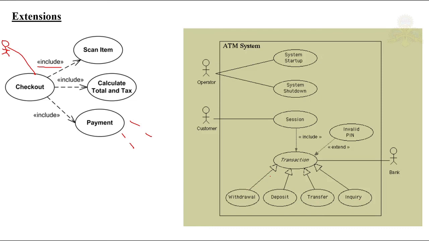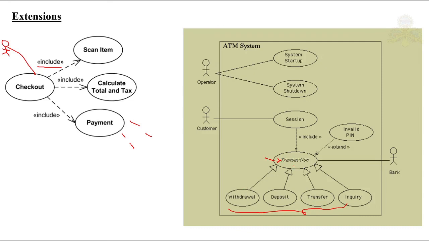The line with this particular arrow, we call a generalization. That means your transaction use case is the parent, and these four are child use cases. So whenever you do a transaction, you either withdraw money, deposit, make an inquiry, or do a transfer. So this is nothing but an inheritance relationship.